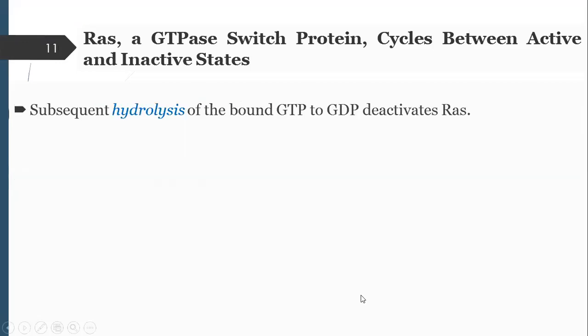So once it is activated, what will happen then? RAS is deactivated by hydrolysis of GTP into GDP.